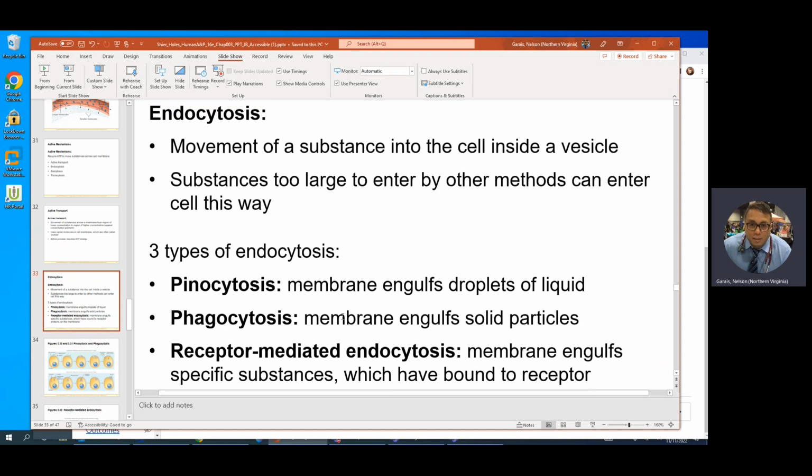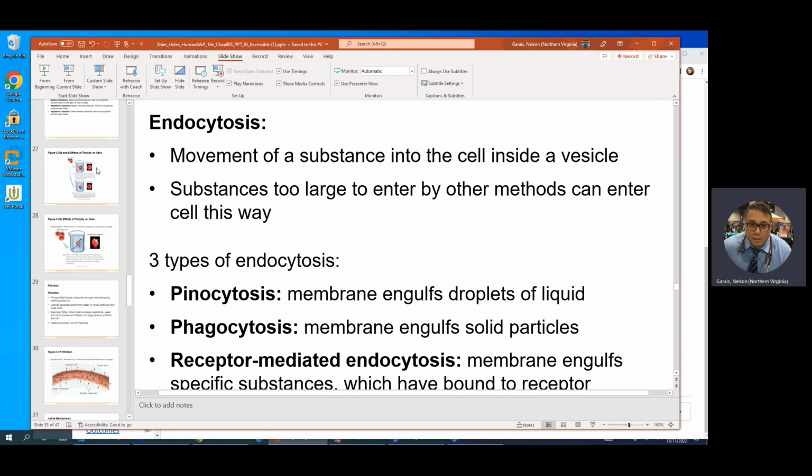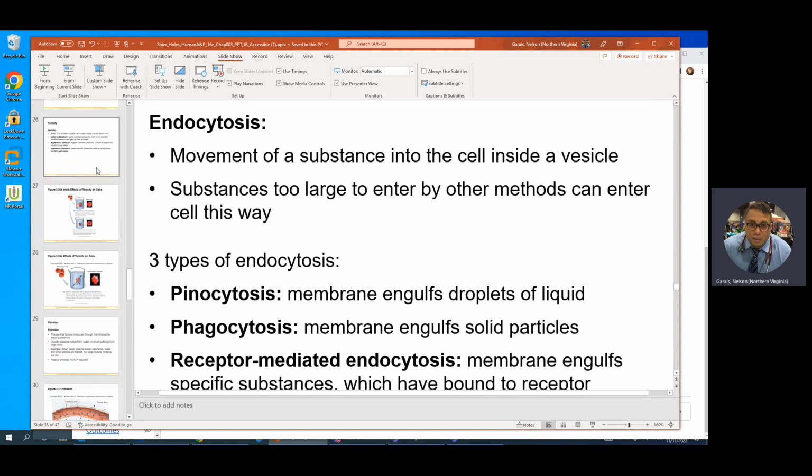Just know that if I package something in a cell from the inside, which is endocytosis, that means I'm moving things into a vesicle or a package, just like a peroxisome or a lysosome, and that requires energy. So those things go from low concentration to high concentration.